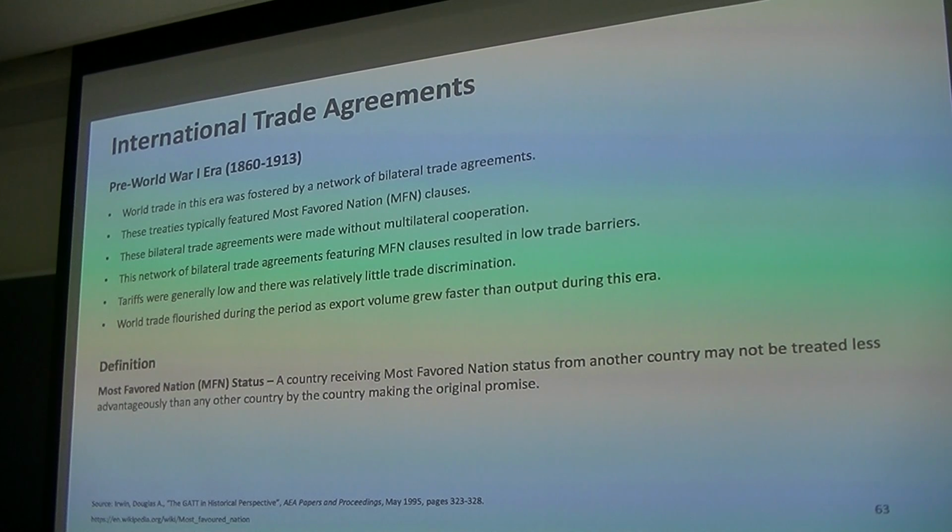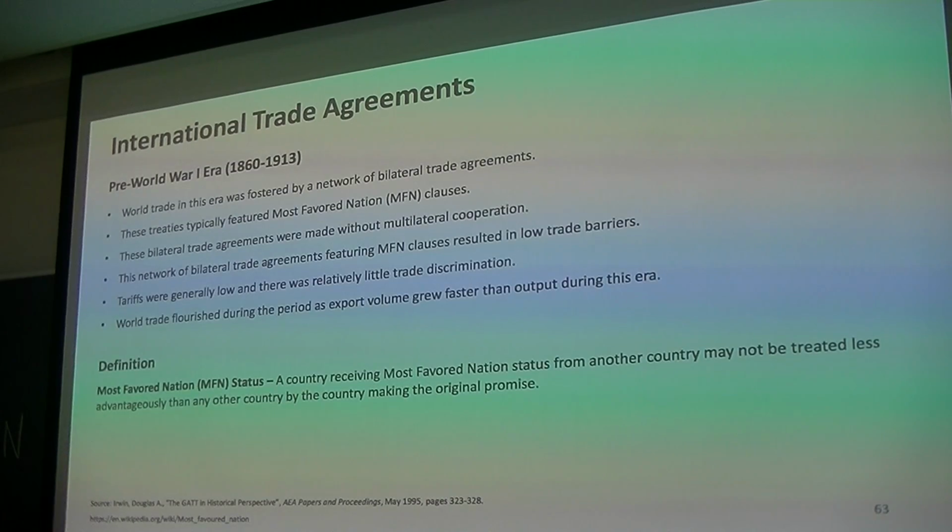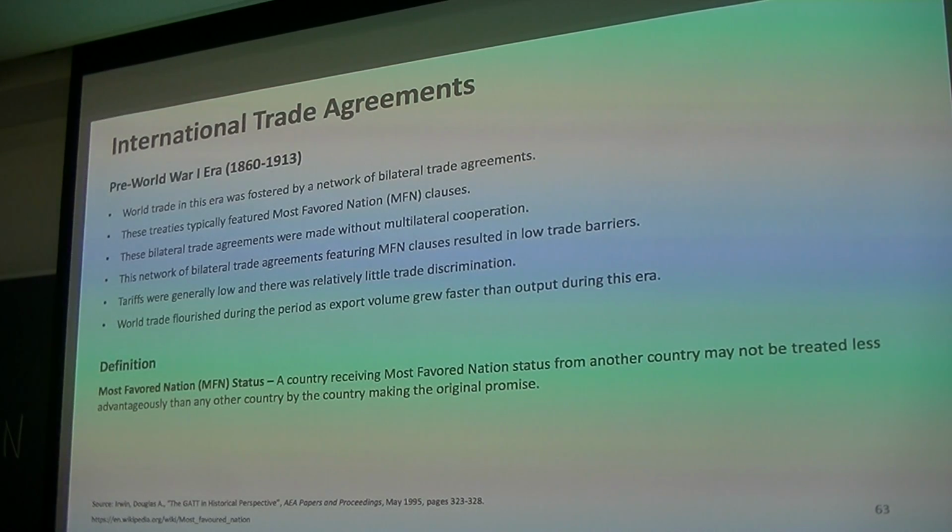The term most favored nation, MFN, refers to an agreement in which, if either country that's a party to the agreement makes any other agreement with a third country, the trade conditions they give to that third country cannot be better than the conditions they're giving to each other. That's what most favored nation status is.